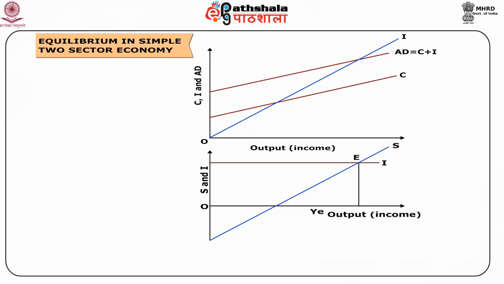The aggregate demand curve is the sum of C and I. Since investment is assumed to be autonomous, the AD curve has the same slope as that of the consumption curve, and the vertical gap between C and AD is investment I at each level of income. A 45-degree line has the property that at any point on it, the horizontal and vertical coordinates are equal.